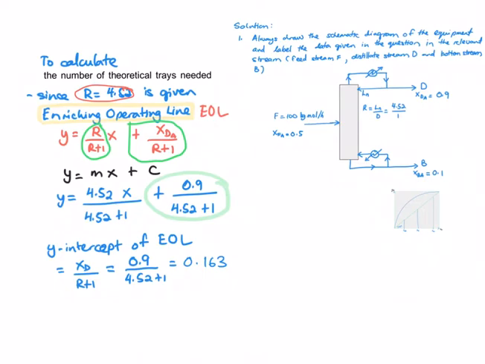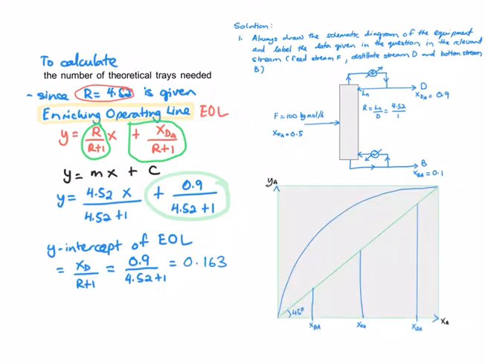What we need is only the y-intercept for your EOL. In this case, the y-intercept is given by these values. When you have the value of the y-intercept of EOL, from your graph you just label it as xD over R plus 1, which is equal to 0.16.